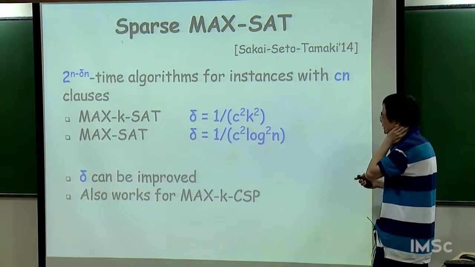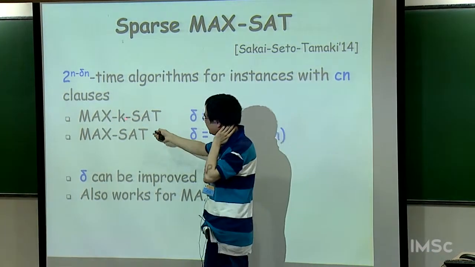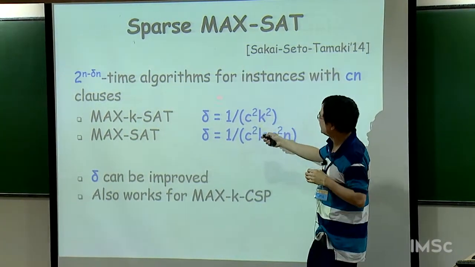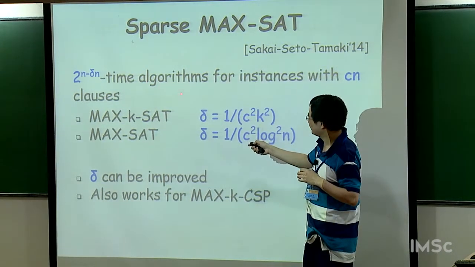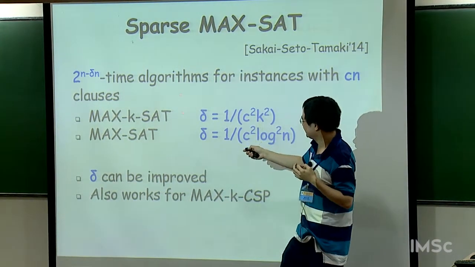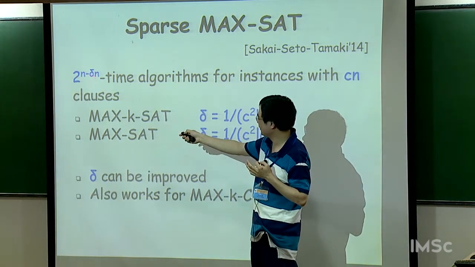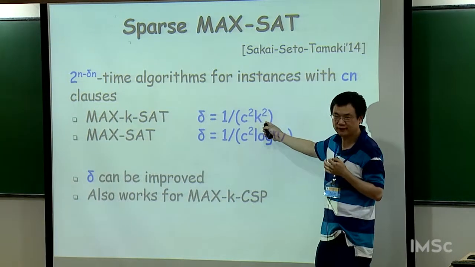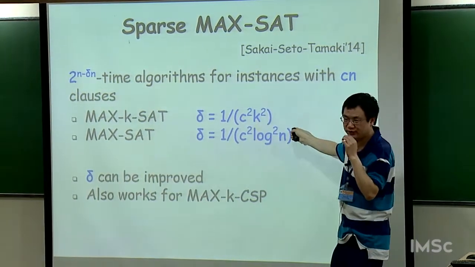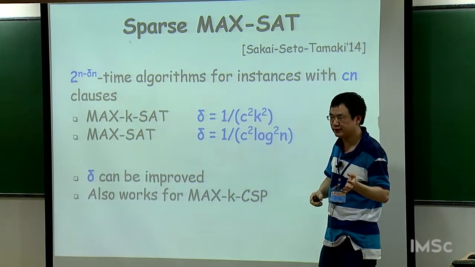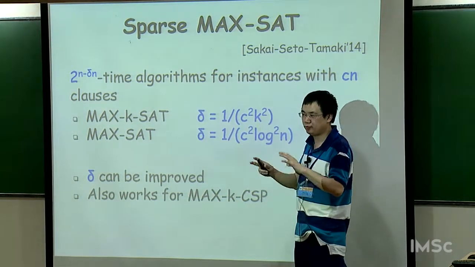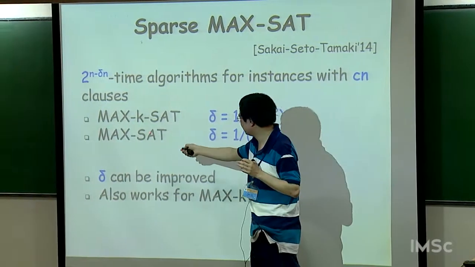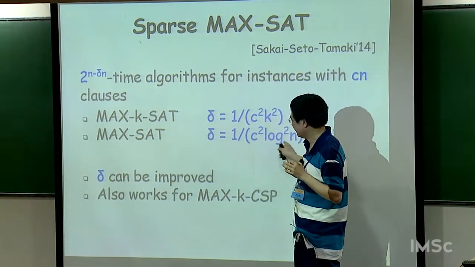So they basically show that given a Max k-SAT instance with Cn clauses, there exists an algorithm running in time 2^(n minus delta n) for delta to be 1 over c squared k squared. So this is non-trivial compared with brute force search. And also this algorithm runs in polynomial space. And then for Max SAT, we need to replace this k by log n.